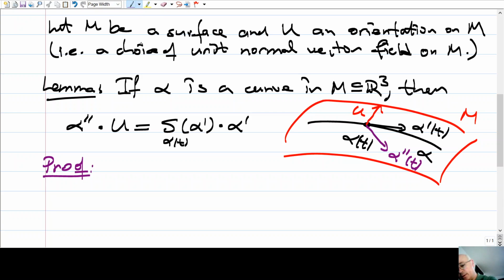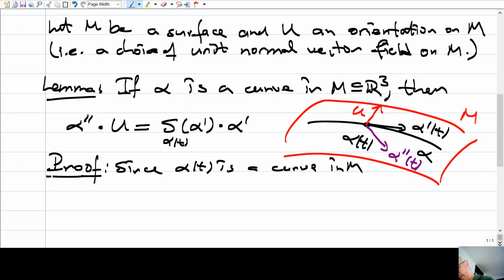Well, the proof is very simple. Since alpha t is a curve in M, alpha prime t is always a tangent vector to the surface for all t.